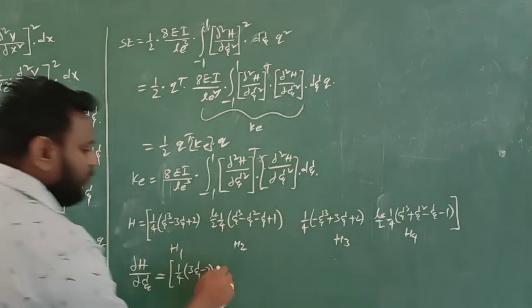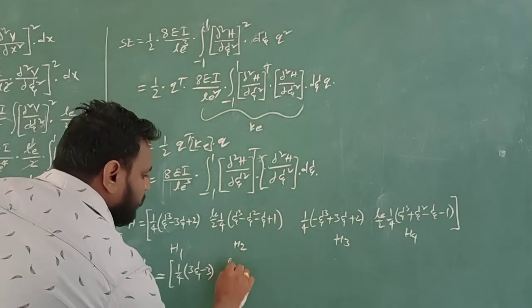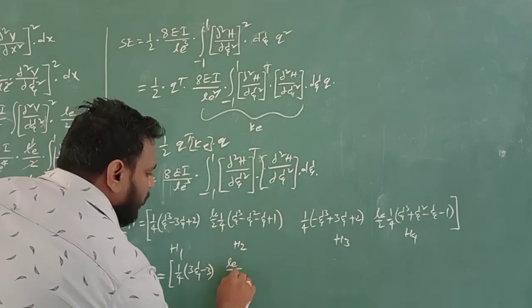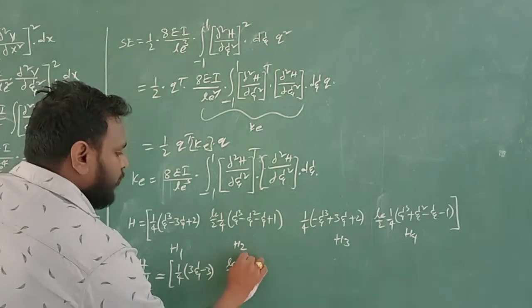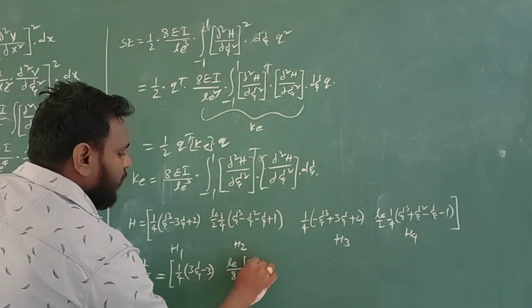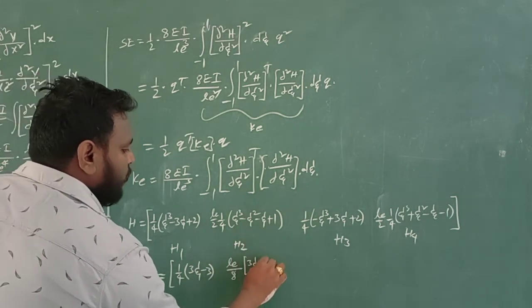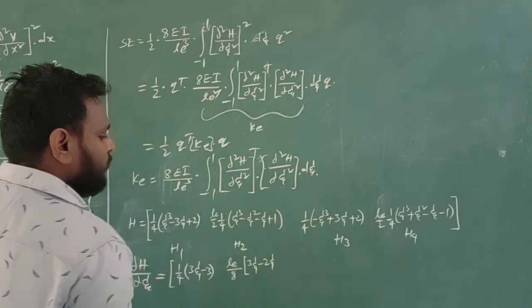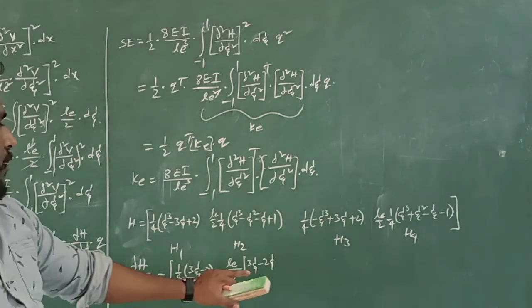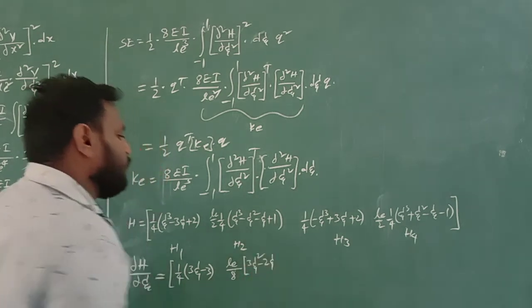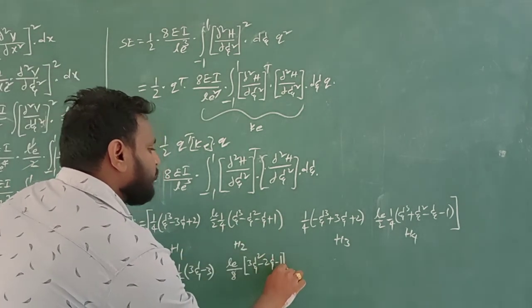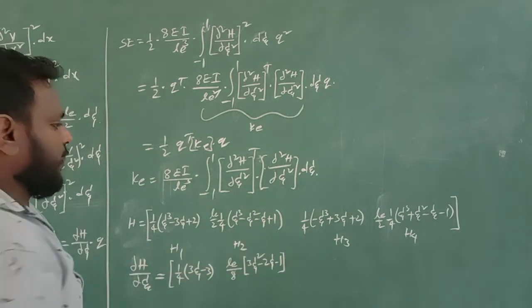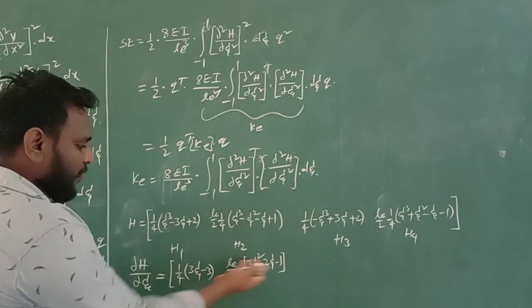Next, LE by 8, that is 2 into 4 is 8: 3j square minus 2j into minus 1. The constant is 0.